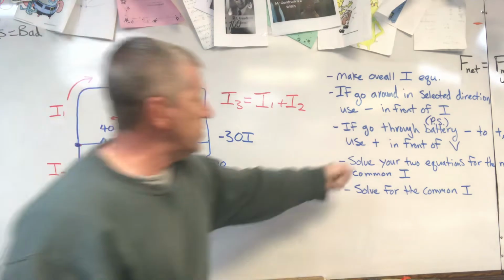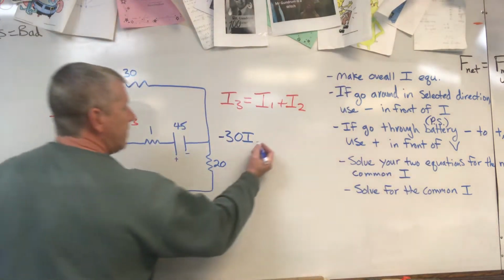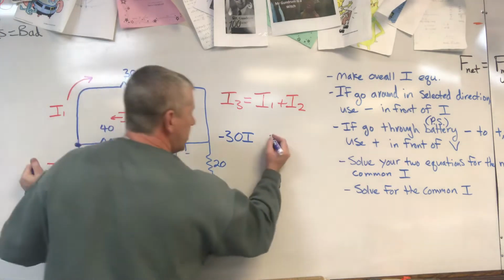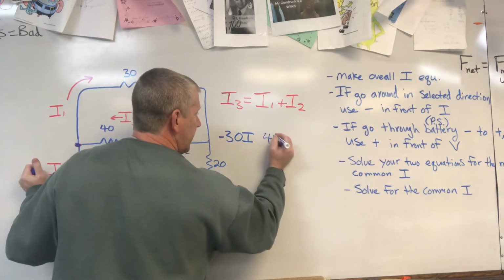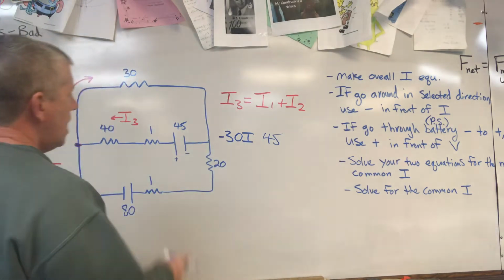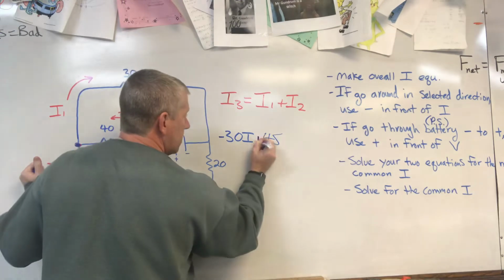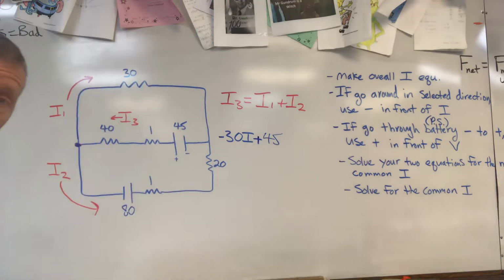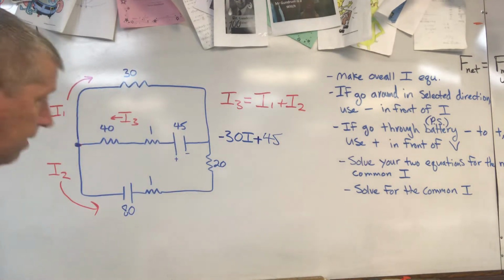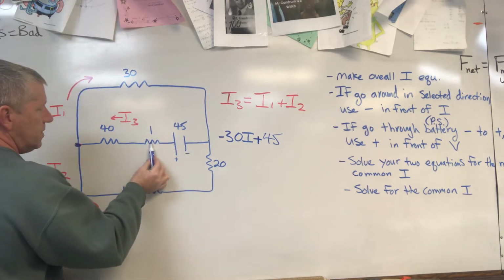If I do that, use a positive in front of the voltage. So I put the voltage in my equation. 45. I'm not going to write V, I don't have the space. But I'm going negative to positive, so I put a positive in front of the voltage source. Boom.